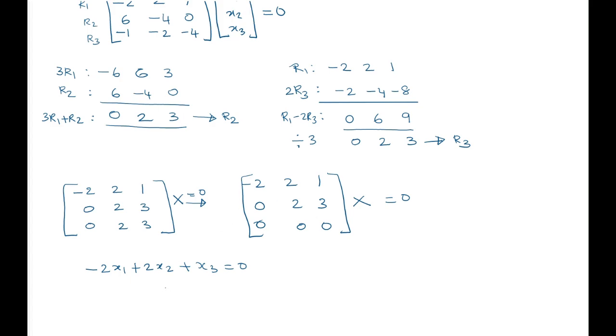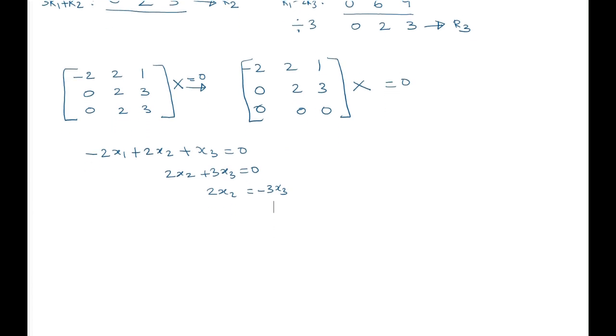So here 2x2 plus 3x3 equal to 0, which means 2x2 is equal to minus 3x3, and so x2's value is equal to minus 3 by 2 times x3.